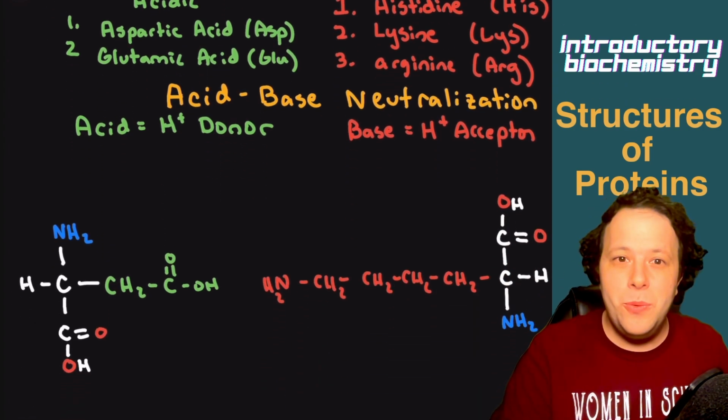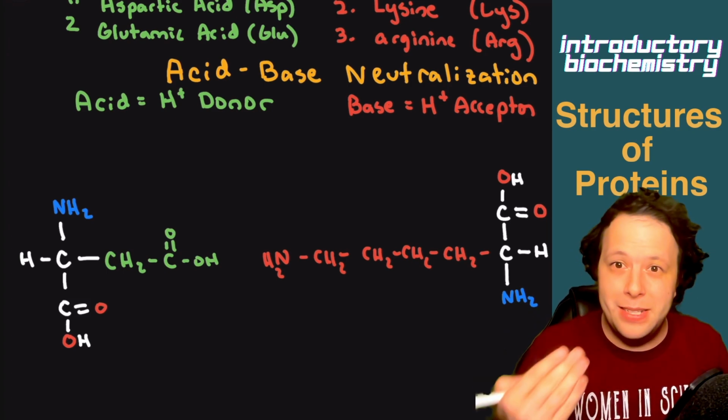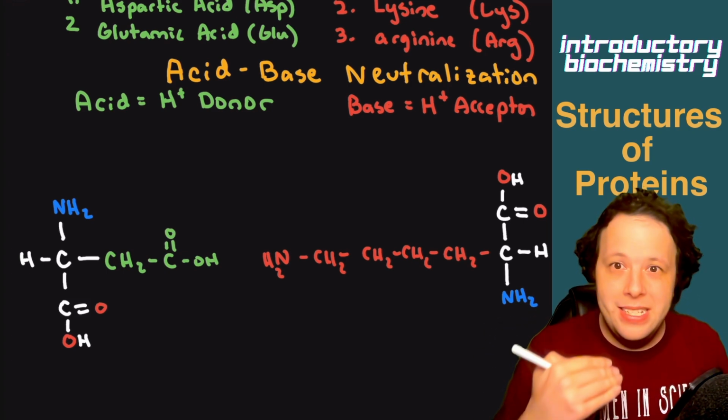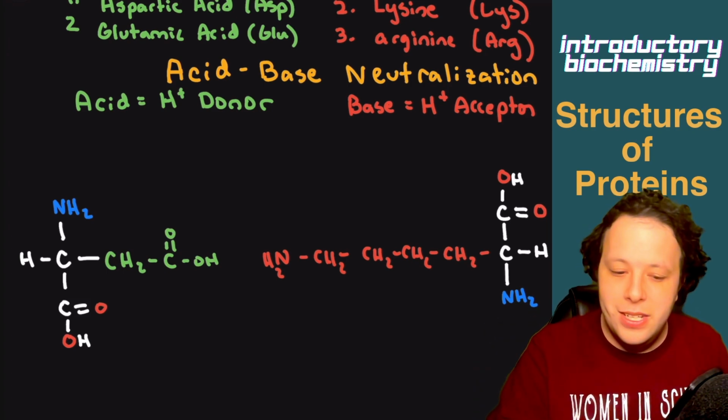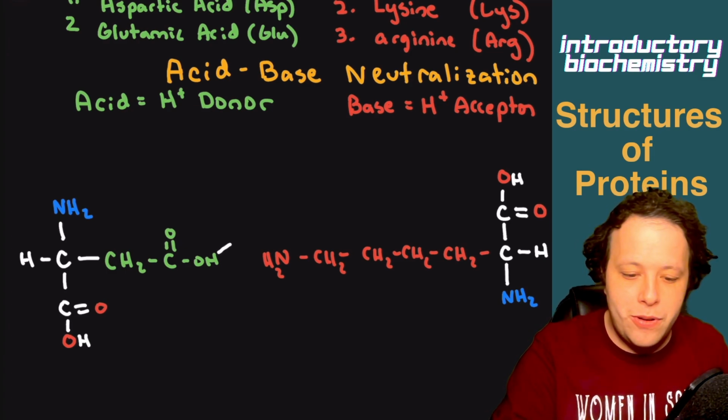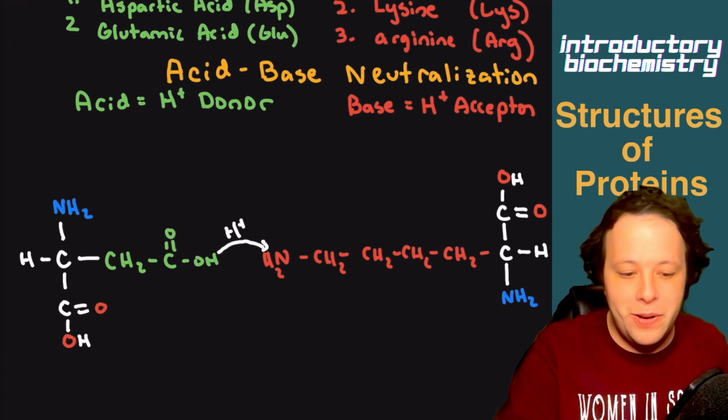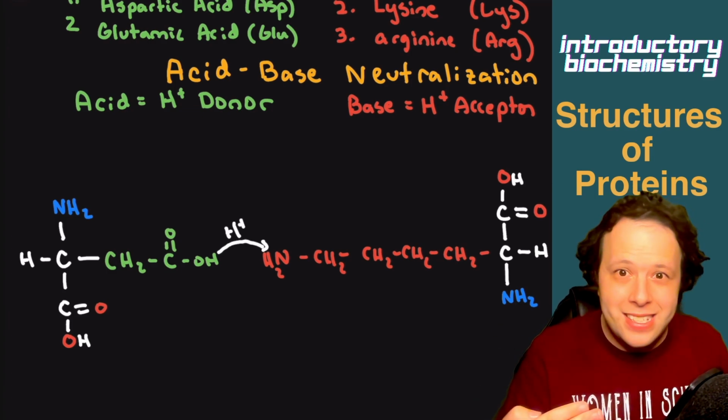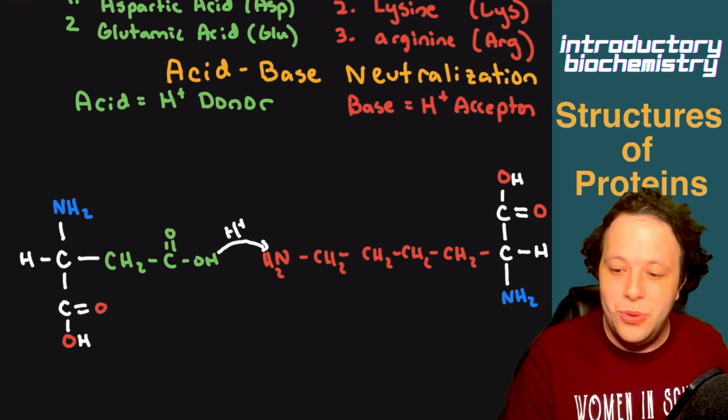Now, the way that that works is it's all about the acid base reaction. Acids donate protons. So what's going to happen here is that the proton on the left hand side from our acid is going to be donated to the base.